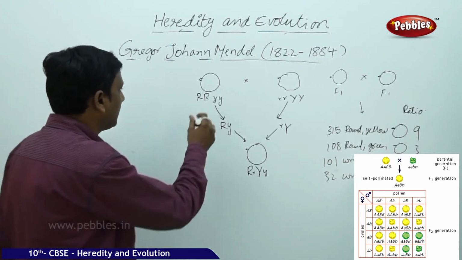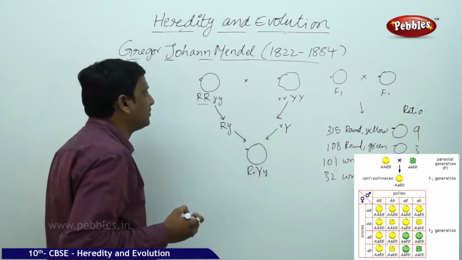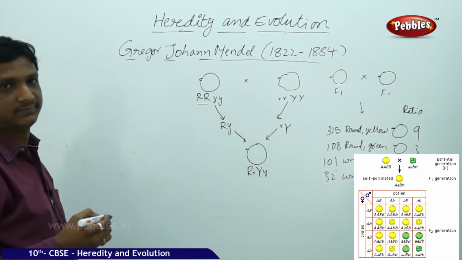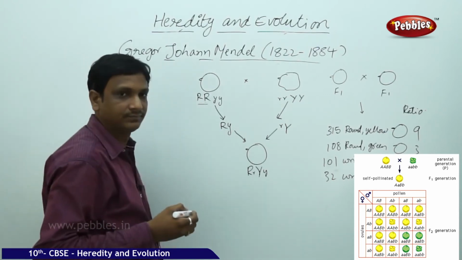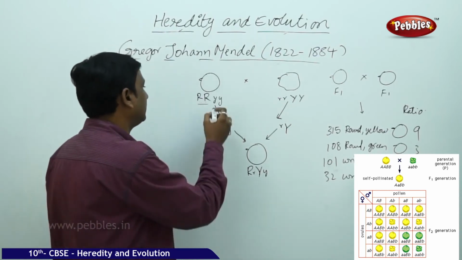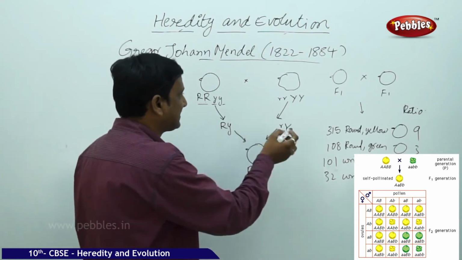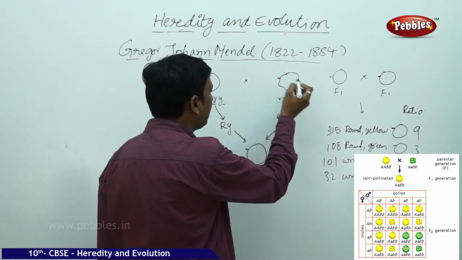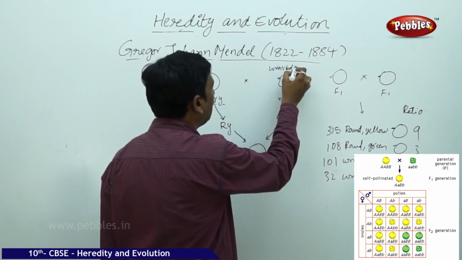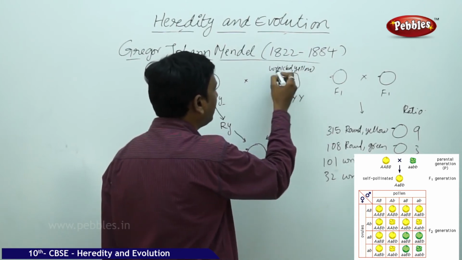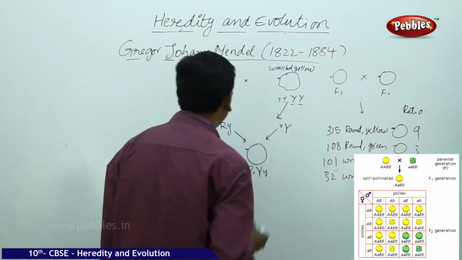Initially, the seeds taken are round, where the roundness is determined by capital R, and green, which is determined by small y. On the other side, we have taken a seed which is wrinkled and yellow. The wrinkledness is shown by small r, yellow is shown by capital Y.